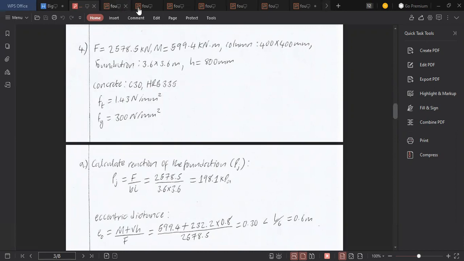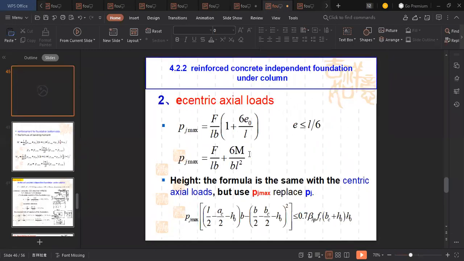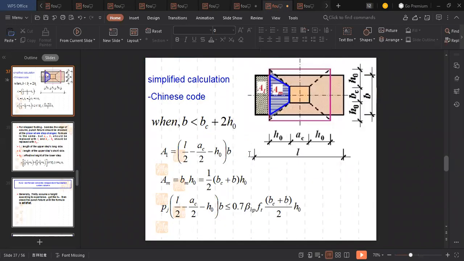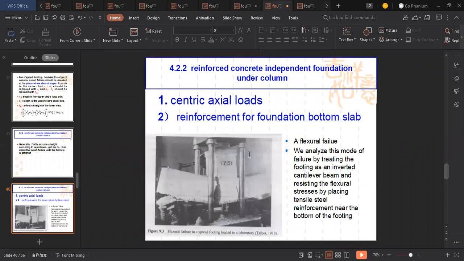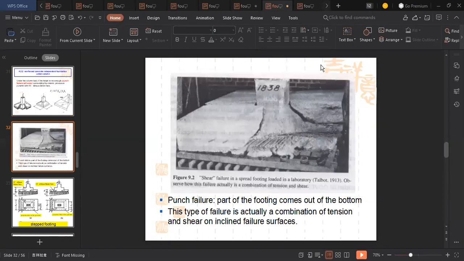Let me see if I can find an example of that. I think it's one of the last PPTs. This is what we're following for the calculations for this part. This example here. The punching force is this theory here, to say that if it's got too much force, it's going to break in this kind of way.